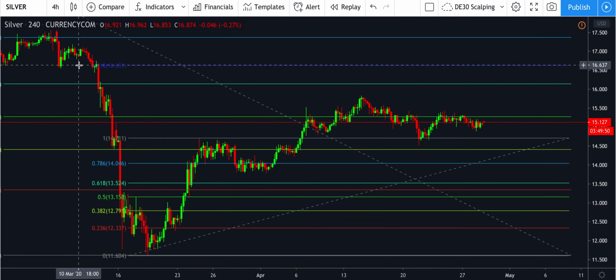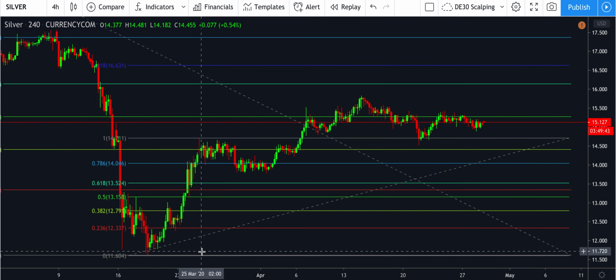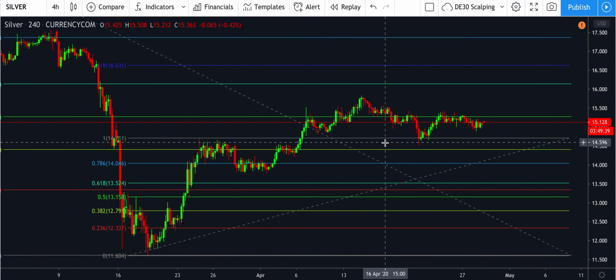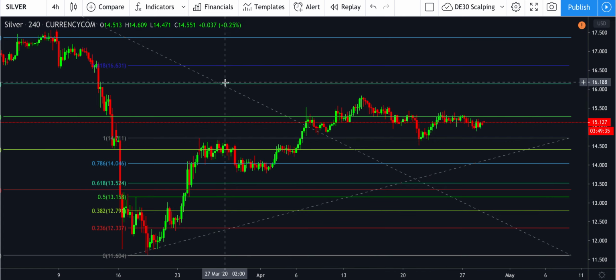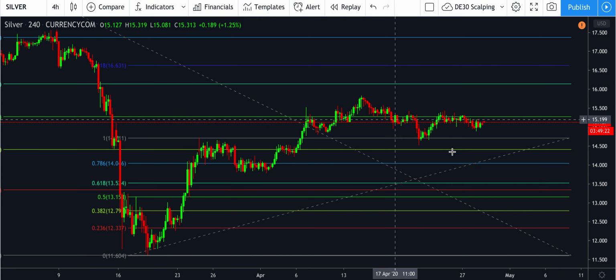So extensions are telling us that $16 would be the end of this move, of this correction. If it's an up move, the first stop should be 1.68, so it should be $16. So we are at 63.